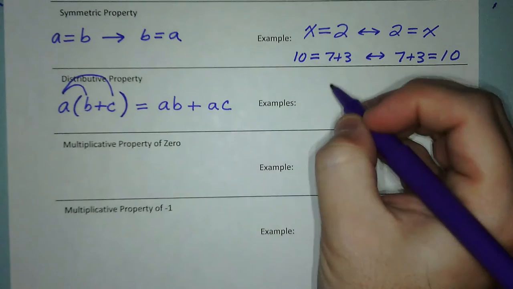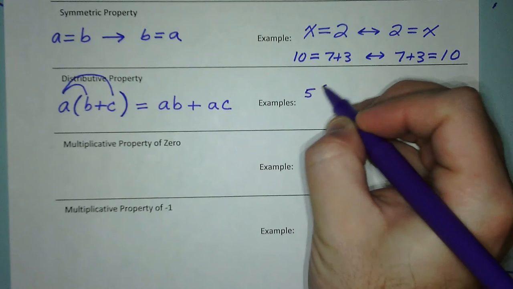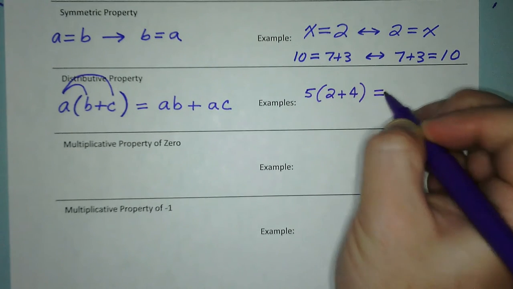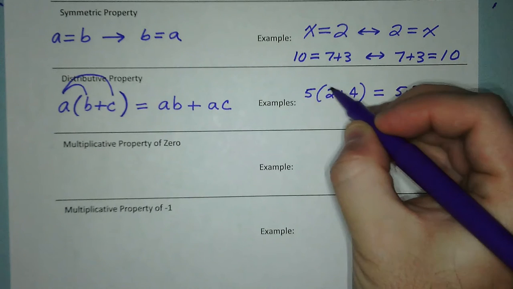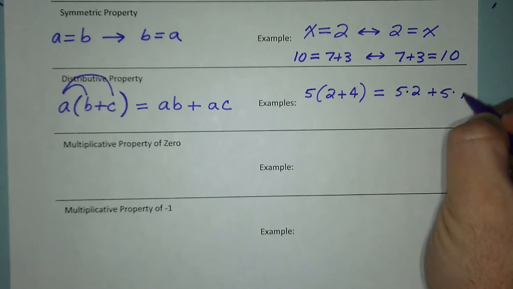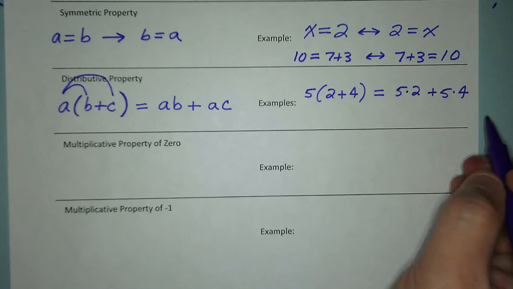Just as an example, 5 times 2 plus 4 would equal 5 times the 2, plus 5 times the 4. So basically 10 plus 20.